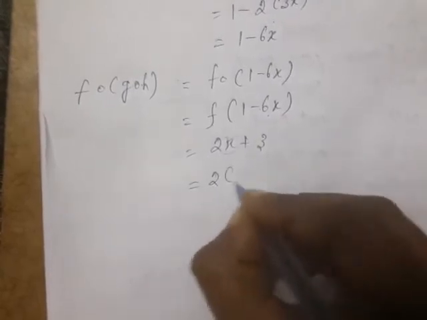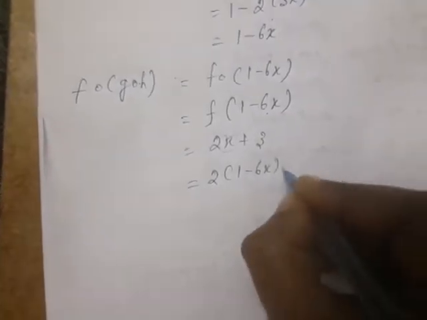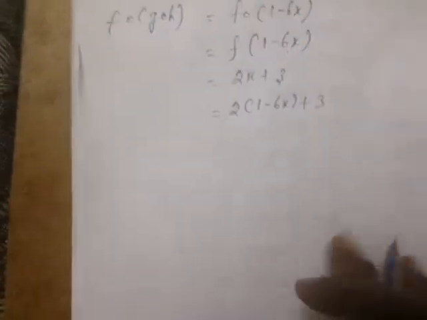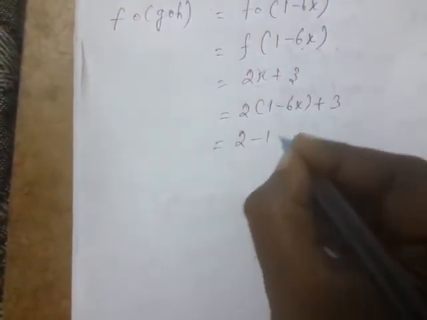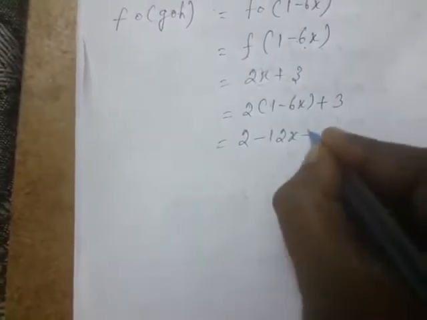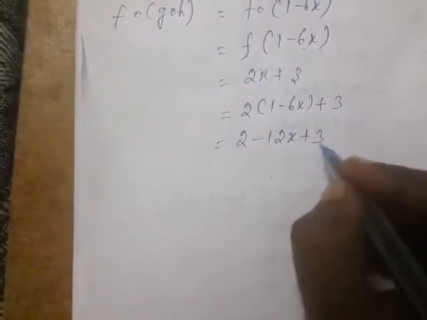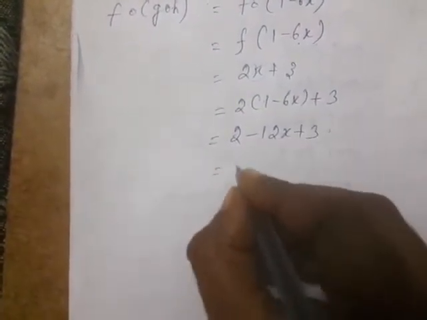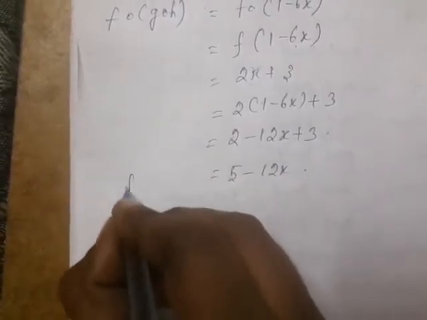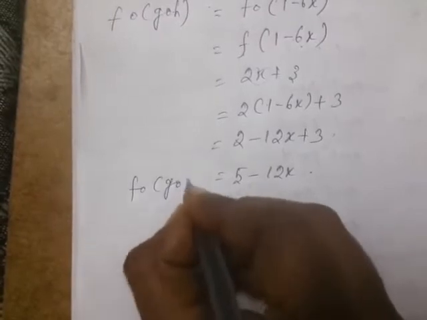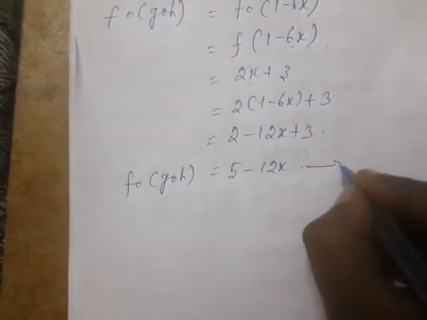So 2 into (1 minus 6x) plus 3. Multiply inside: 2 minus 12x plus 3. 2 plus 3 is 5, so 5 minus 12x. This is f composite g composite h, and this is equation number 1.